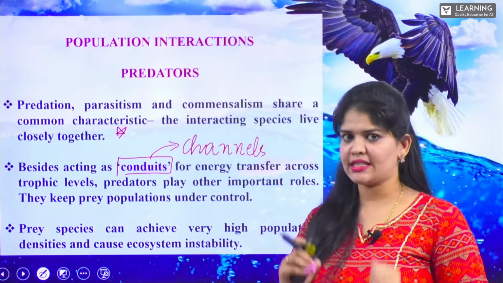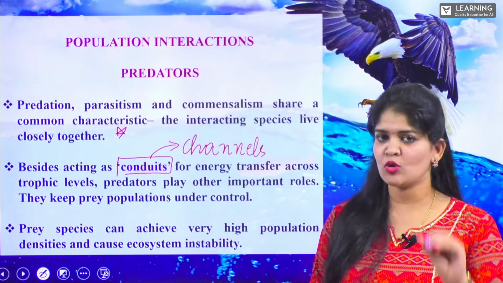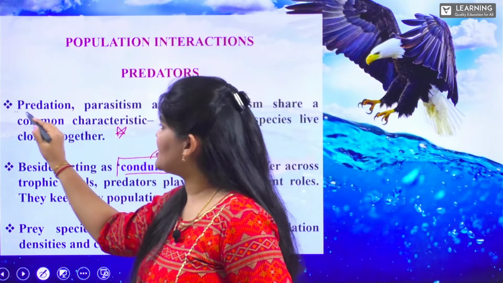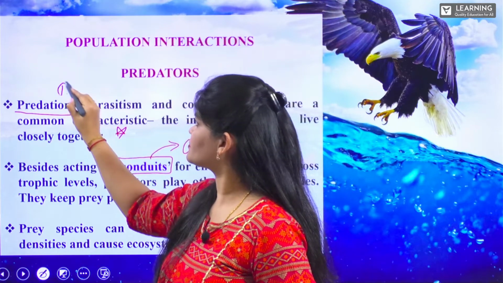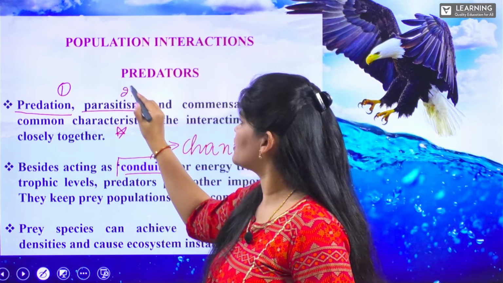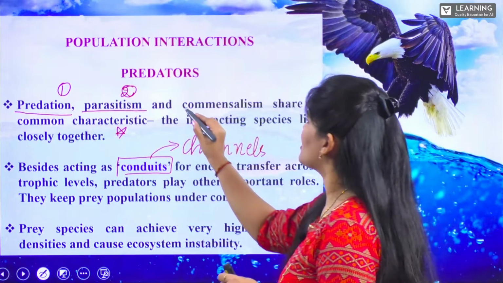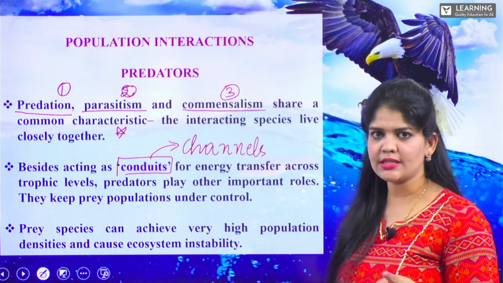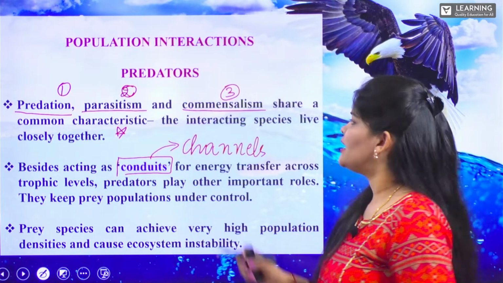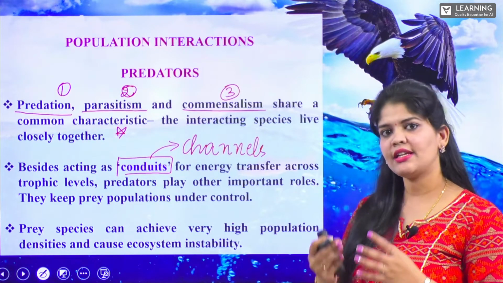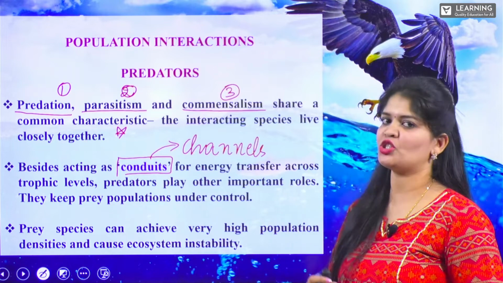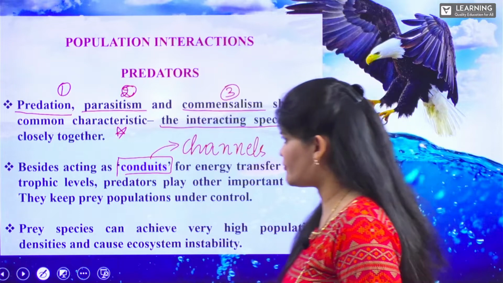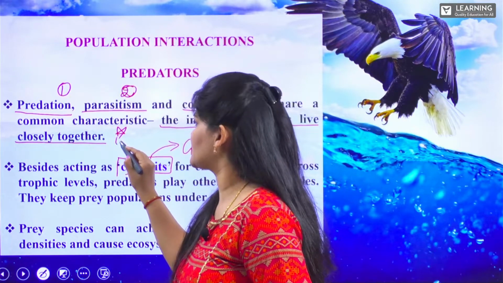Out of these interactions, in your NCERT textbook, one very important sentence was given: predation 1, parasitism 2, and commensalism 3. These 3 interactions share one common characteristic feature, and that is the interacting species live closely together.